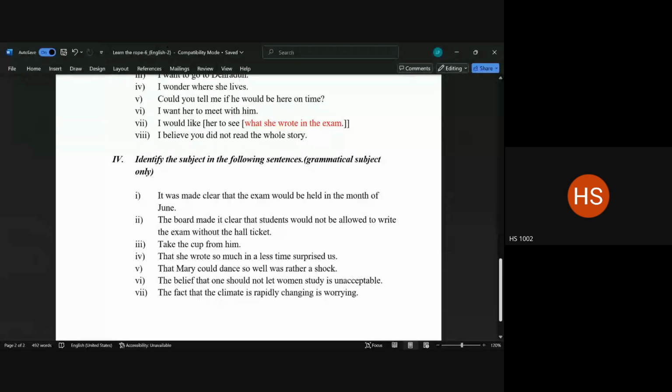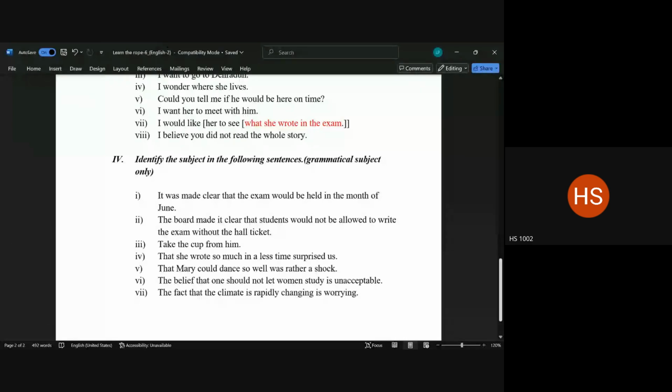So if I say, close the door, I don't have a grammatical subject in that sentence, but I know that there is a logical subject, which is you. So the question mentions grammatical subject only in the brackets because you pick out the subject that is visibly available in the sentence. Do not answer the implied subjects, like in the case of an imperative sentence. So let's start with the exercise. I think you'll understand it better once you start looking at the questions.